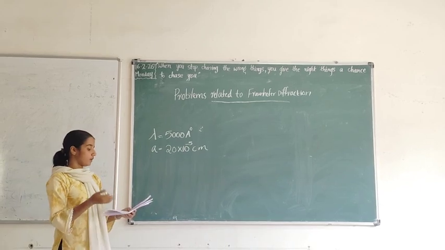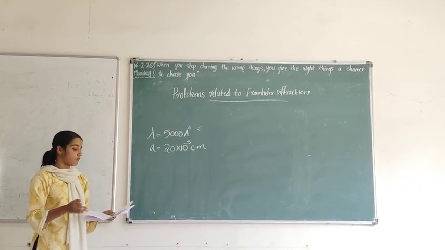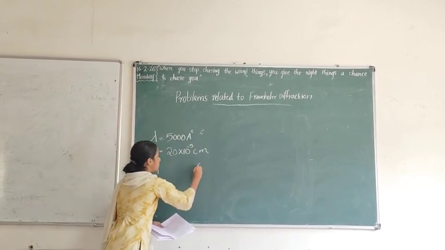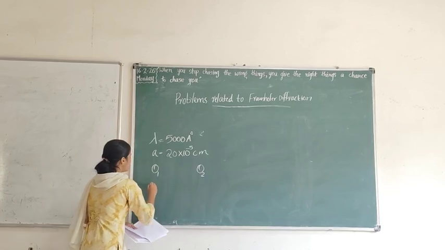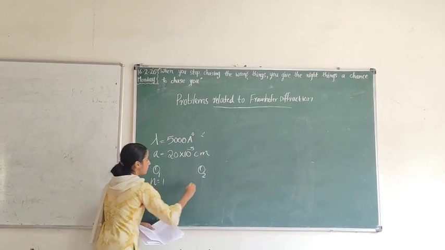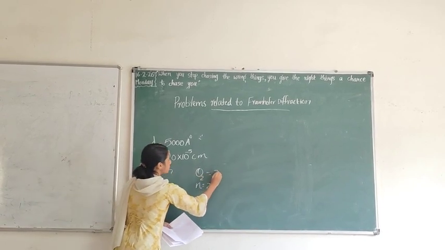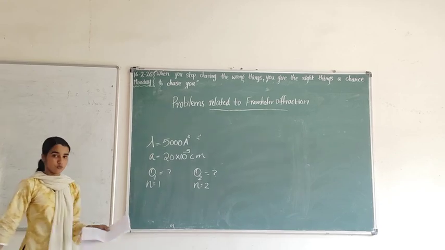Here we want to calculate the angular position of the first two minima, that is theta 1 and theta 2. Theta 1 when n is equal to 1 and theta 2 when n is equal to 2. We want to find theta 1 and theta 2.